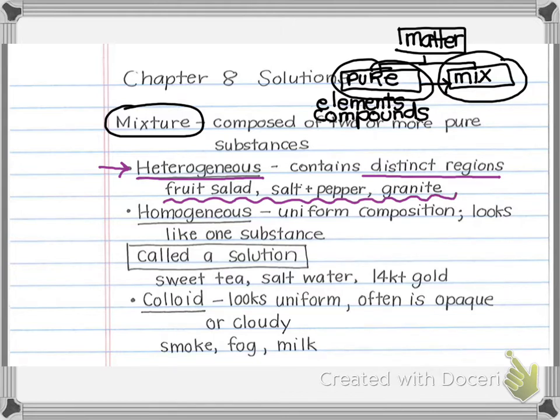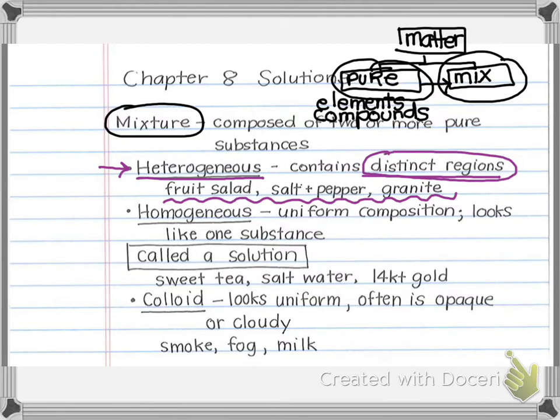Salt and pepper are different types of spice mixtures, and you can see that there are different things there. But you can even have solids like a granite countertop, which would be considered heterogeneous, because when we look at it, we can tell that there's more than one thing there. So it's visual. You can see distinct regions, or you can see the different parts of the mixture.